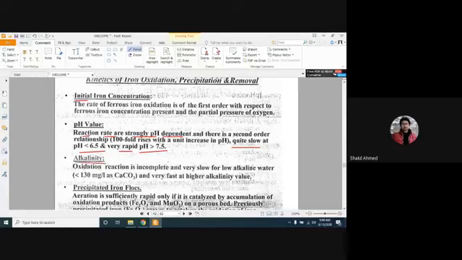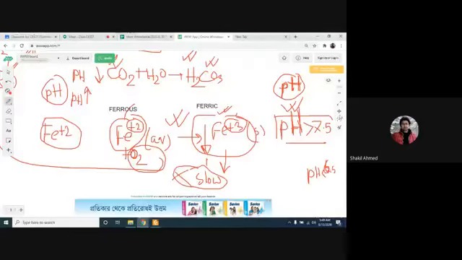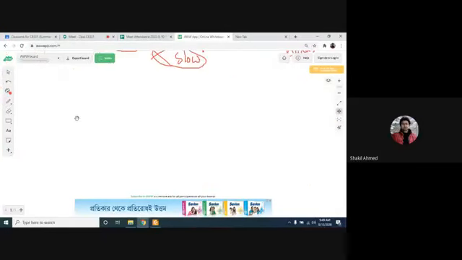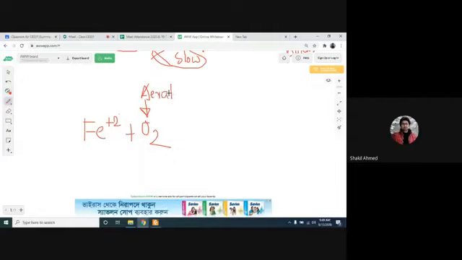Alkalinity. Oxidation reaction is incomplete and very slow for low alkaline water. That means if you want to remove your iron by using aeration, not chemical addition, by aeration, to the ferric form, and this is solid, it will precipitate.